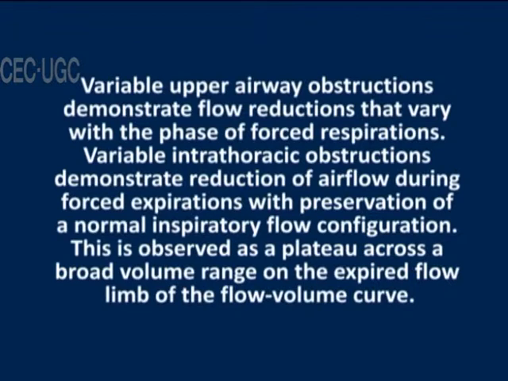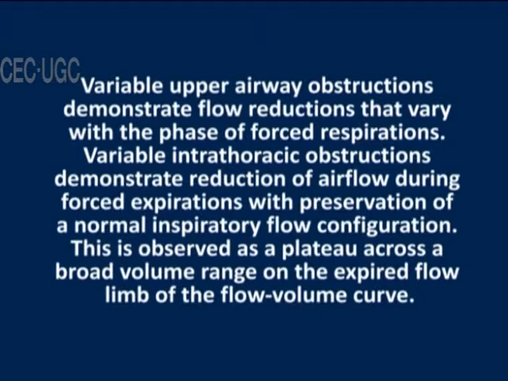Variable upper airway obstructions demonstrate flow reductions that vary with the phase of forced respirations. Variable intrathoracic obstructions demonstrate reduction of airflow during forced expiration with preservation of a normal inspiratory flow configuration.